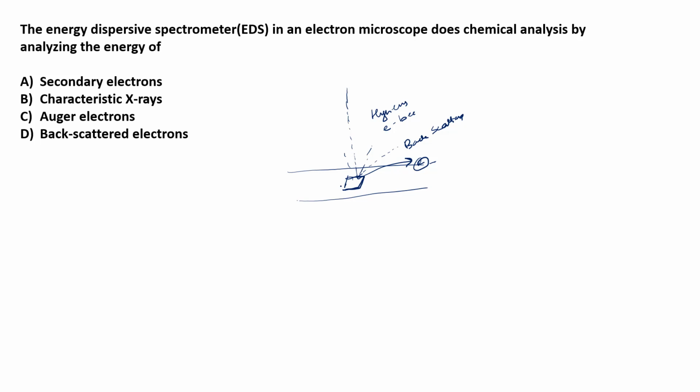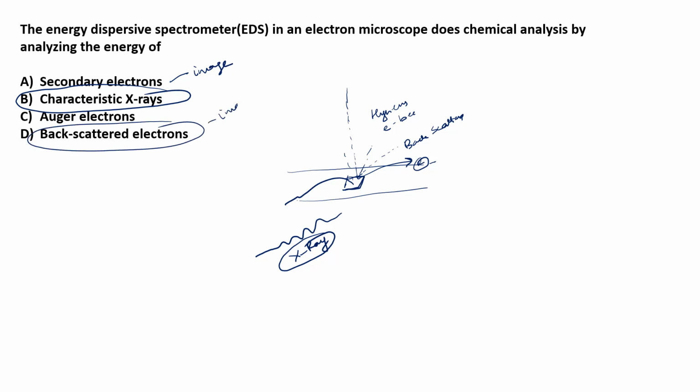So by measuring the energy of this, we do the chemical analysis. So basically it is the X-ray. By using the secondary electrons, we generate the image. Then with backscattered electrons, we also see an image. The electron has some other characteristics, but not this.